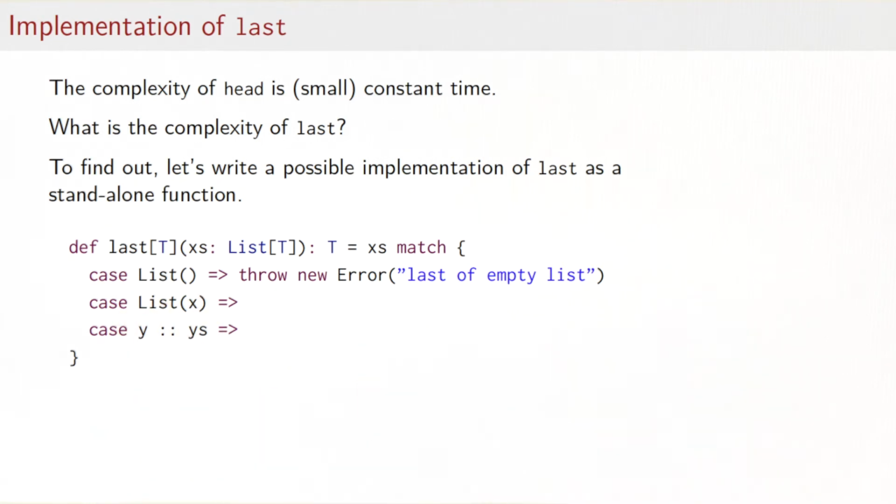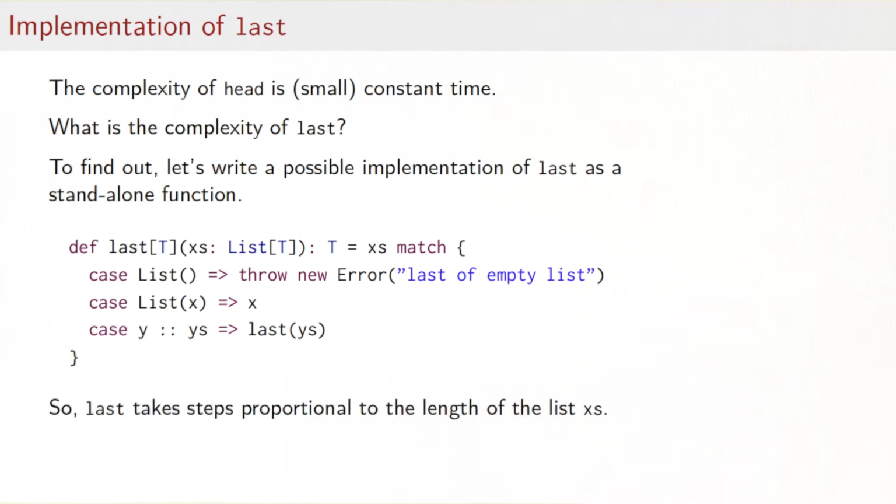Last of an empty list should give you an error, just like head of an empty list gives you an error. Last of a list that contains a single element would give you just that element. And finally, last of a list that consists of a head followed by some tail would give you the last element of the tail.